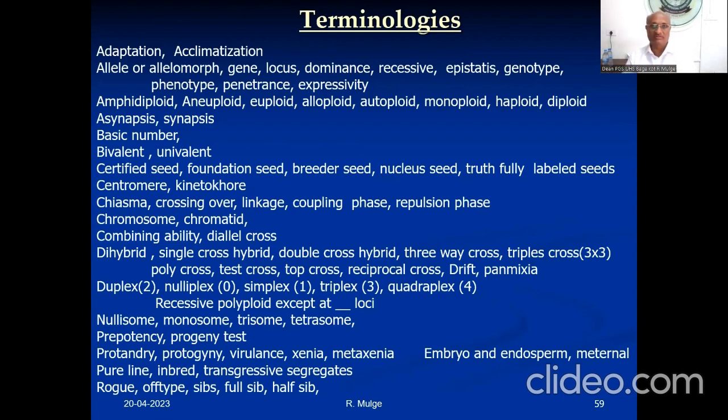Whereas in allopolyploidy, one set is from one species, another set from another species. They are different, right? So autopolyploidy is within a species, a polyploid arising through multiplication of the complete haploid set of a species.